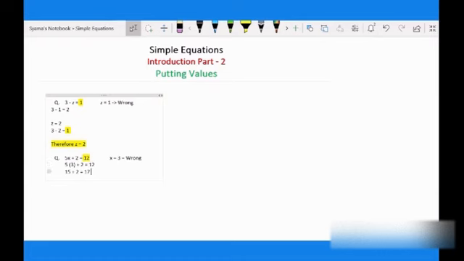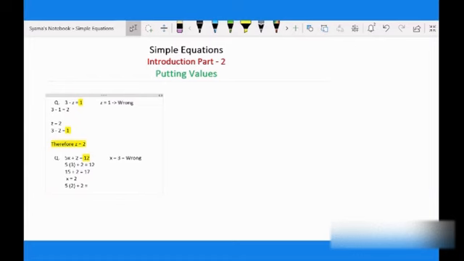Now, let's check with another value. The value of x, we will take it as x equals 2. Okay, let's check it out. 5 brackets 2, which is nothing but 5 into 2 plus 2 equals 12.